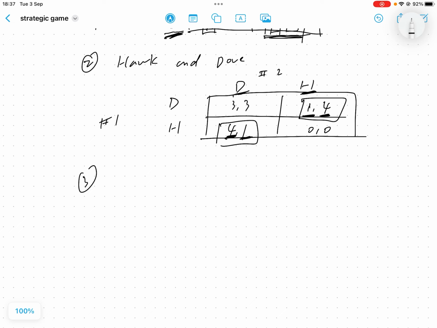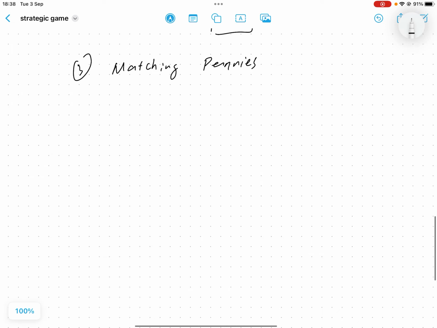Another very famous example in the simultaneous move game is matching pennies. Let's say those two players are choosing the head or the tail of a coin. If the two coins match, then player 1 gets utility of 1, and player 2 gets -1.